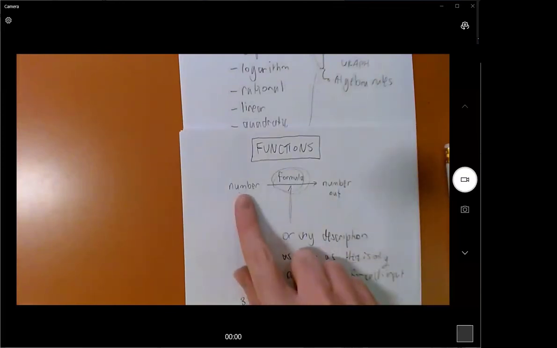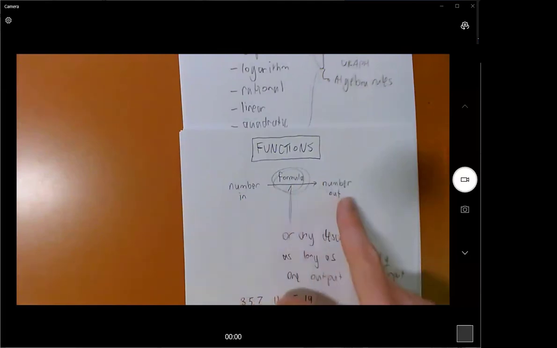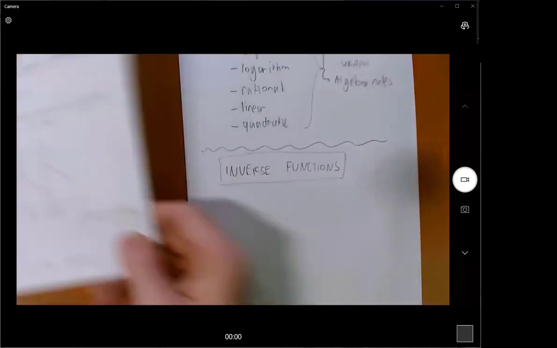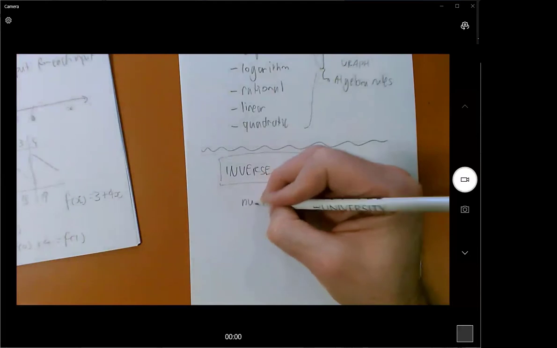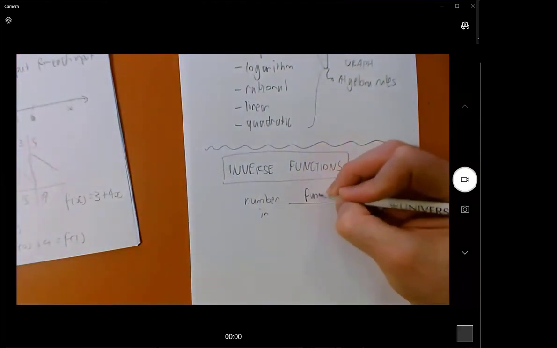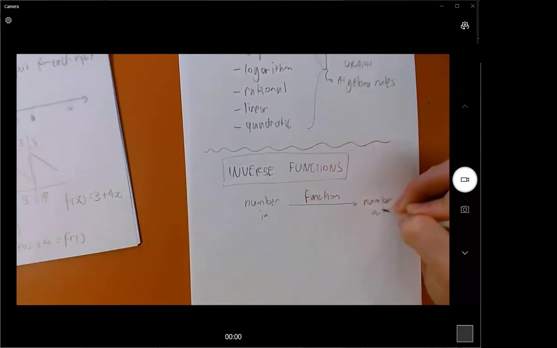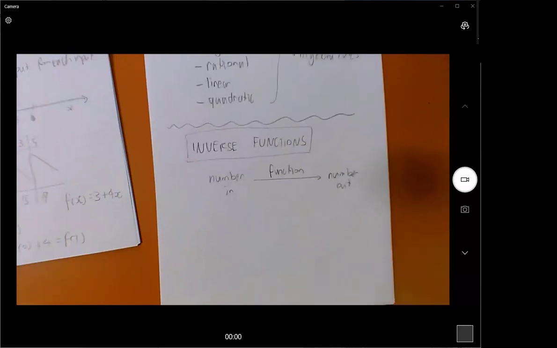Functions, you get a number in, some sort of formula or process, it doesn't matter whether it's a formula or not, and it spits a number out. And the function is the name, the word for the process that gets from here to here. And it's usually a formula, but it doesn't have to be.